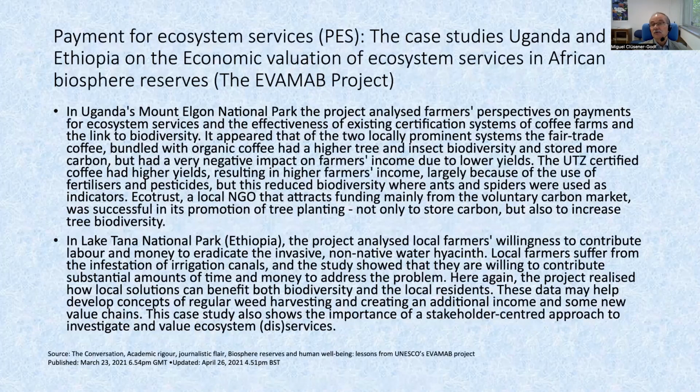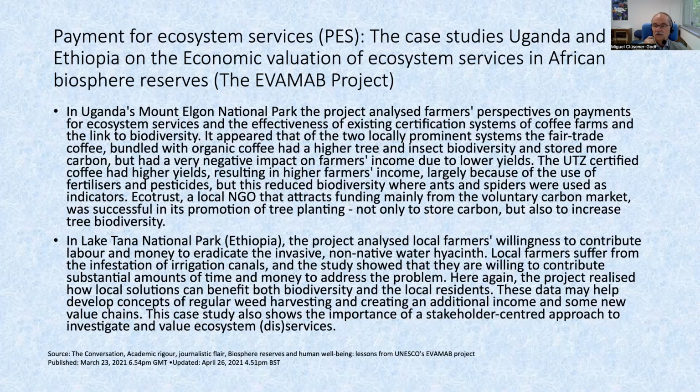In UNESCO, we had a project called EVAMAP, Economic Evaluation for Ecosystem Services in African Biosphere Reserves in Uganda and Ethiopia. It was in Uganda's Mount Elgon National Park region, a project with the farmers: do they get money for ecosystem services by applying certification systems?